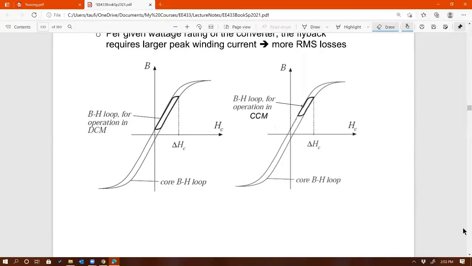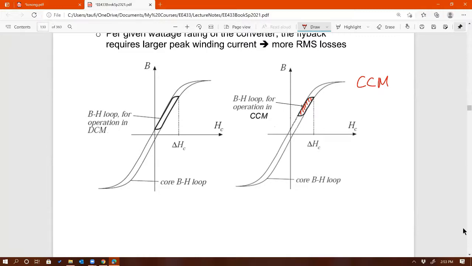Take a look at, let's do the CCM. Let's say that this is how we are operating the transformer right now. That's the minor loop right there, depending on the delta IL of the magnetizing inductor current, just like we discussed in Buck. Okay, for this operation, take a look at the maximum current that this inductor, or this transformer, will see.